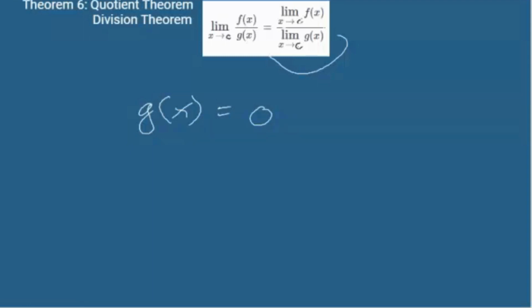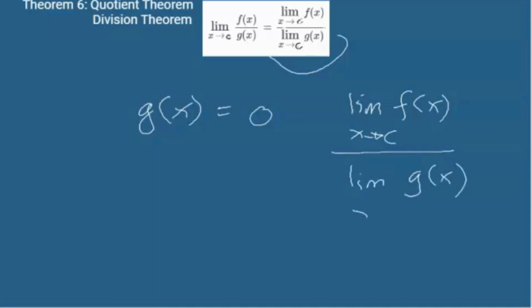So if the limit of f of x as x approaches c over the limit of g of x as x approaches c, and this denominator is 0, the limit does not exist.